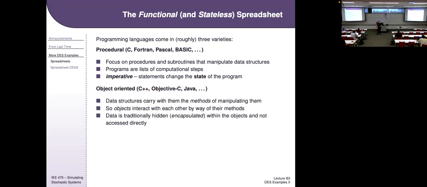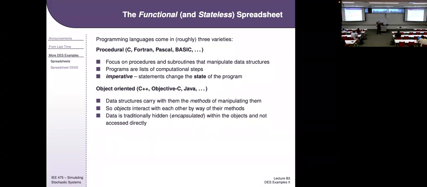In this case, this is sort of a modification of procedural where we don't focus on a list of steps, but we focus on objects that have things that can be done to them and ways that they can communicate with other objects. And so we generally don't have data out in the open. We put data hidden, encapsulated inside each of those objects.